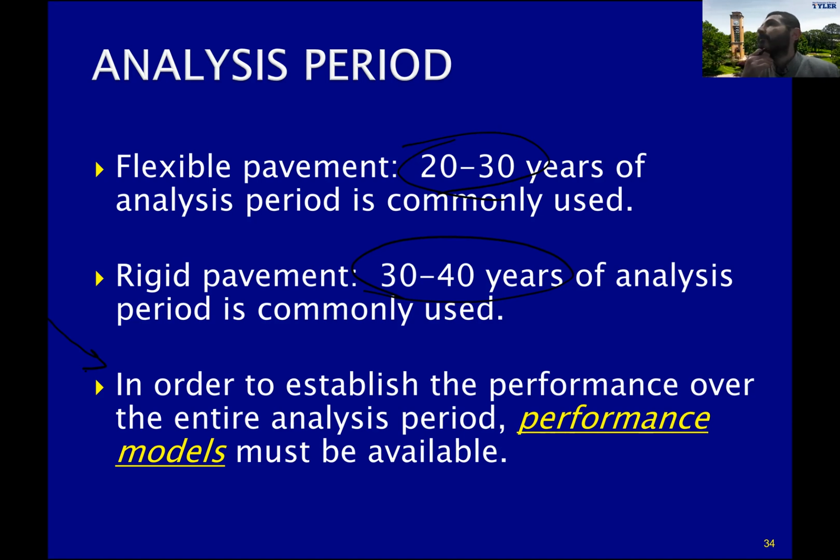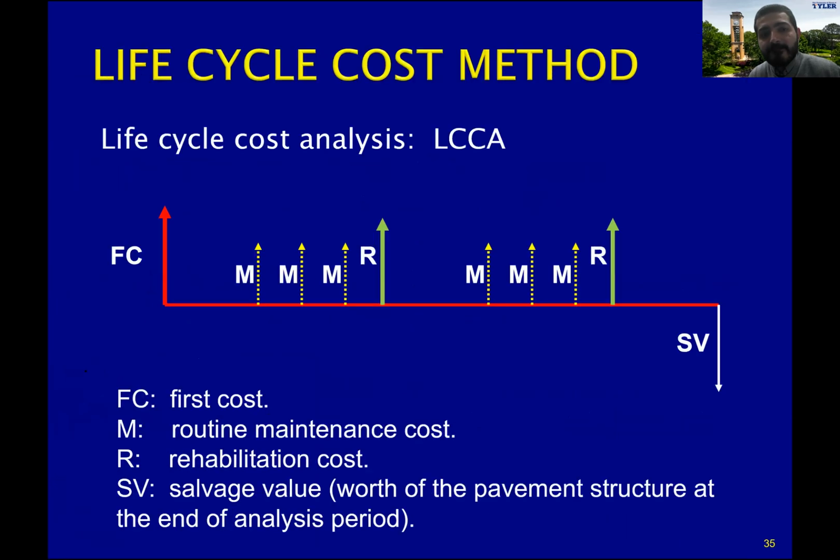What's the endurance limit or the fatigue life of certain hot mix asphalt structures? What's the modulus? What's the roughness? All of these will help us predict the life expectancy, if you will, of those different rehabilitation techniques. So this is really in a nutshell.